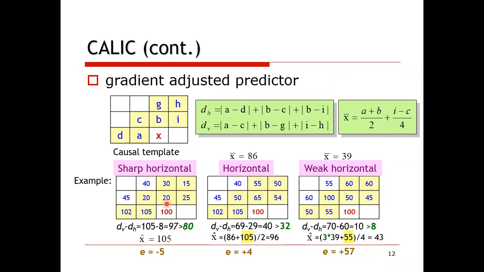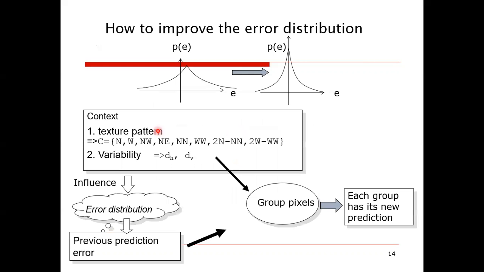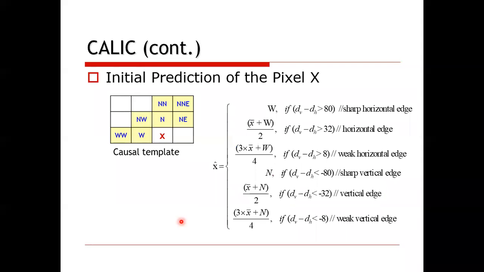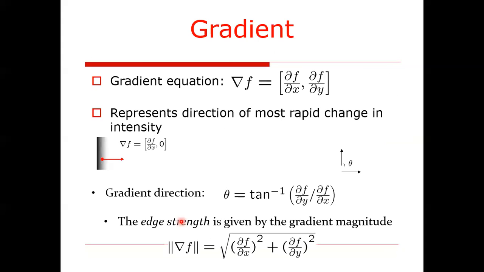The value of b0 is equal to 0 if x0 is greater than or equal to I bar, the predicted value. Here x0 is N, and the N value is 20.